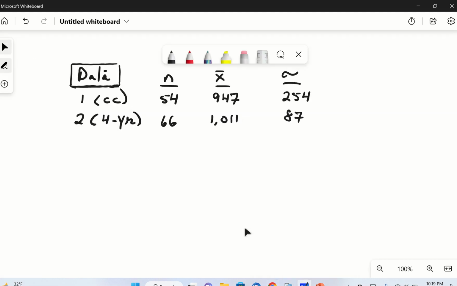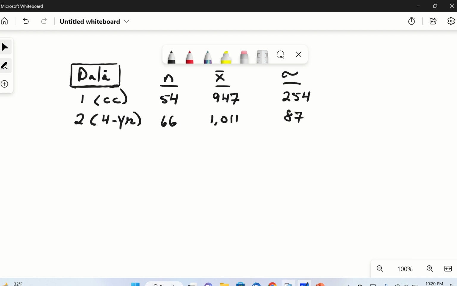Okay, we go back to our calculator, but first, good idea, let's summarize the given information. Let's say the 2-year community college is our population 1, and we list the sample size for it, 54, sample mean 947, and population standard deviation 254. Let's say the four-year college is our population 2, and its sample size is 66, sample mean 1011, population standard deviation 87.